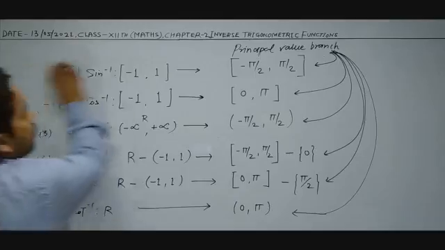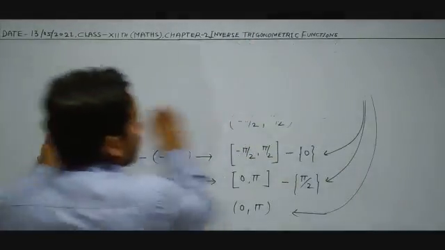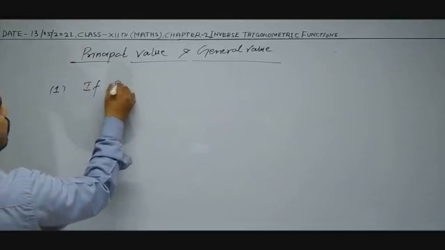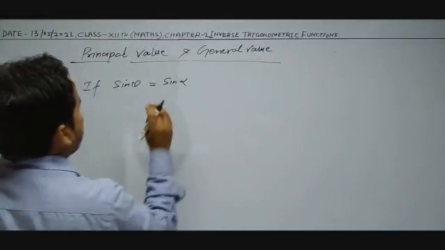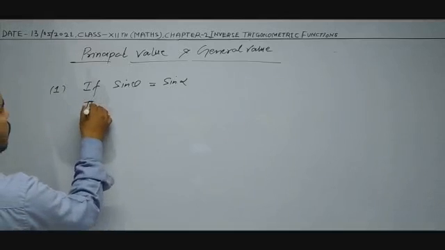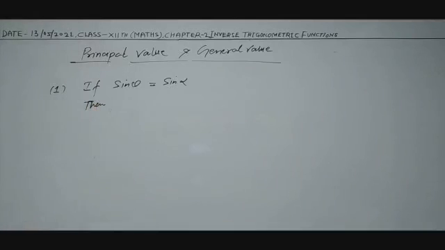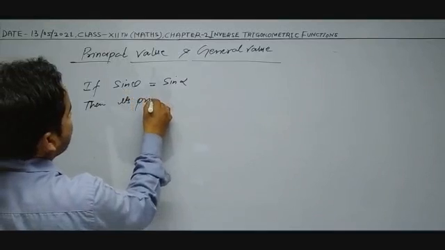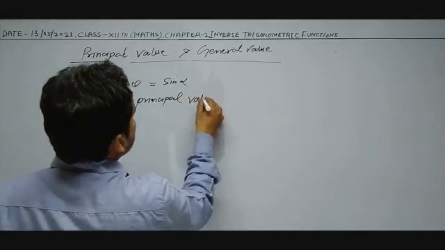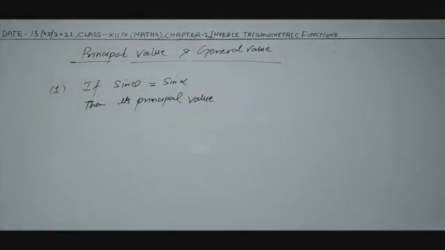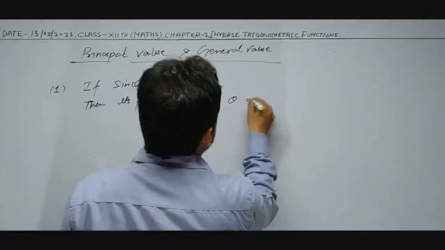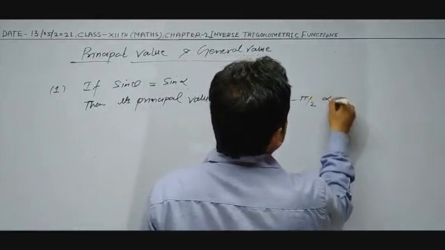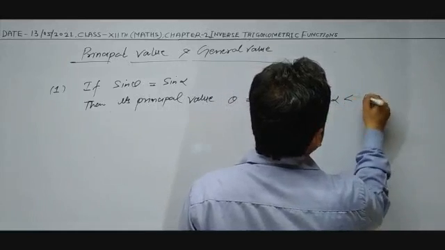Say here, if sin theta is equal to sin alpha, then its principal value is theta is equal to alpha, such that alpha is greater than minus pi by 2 and less than pi by 2.